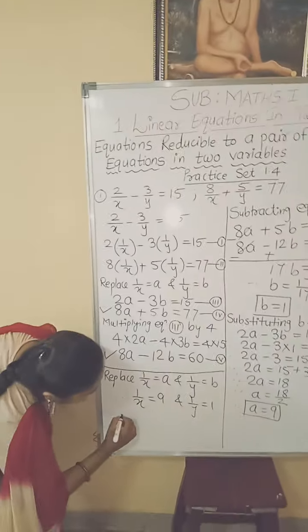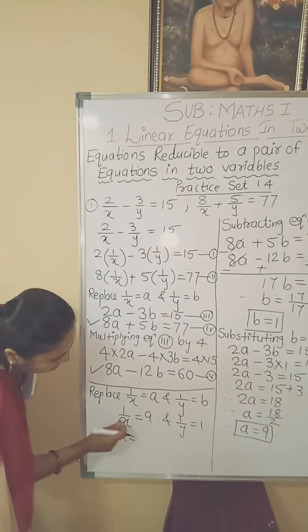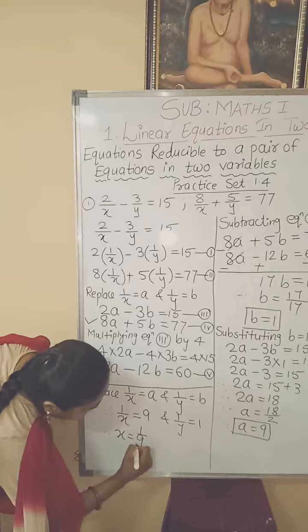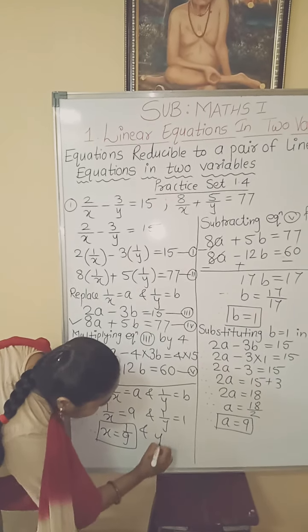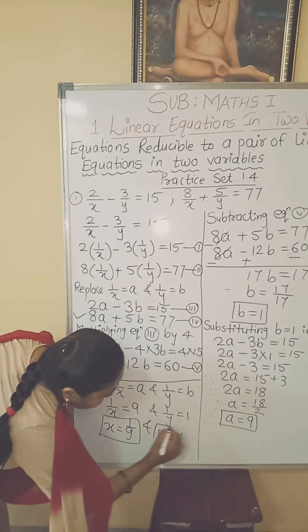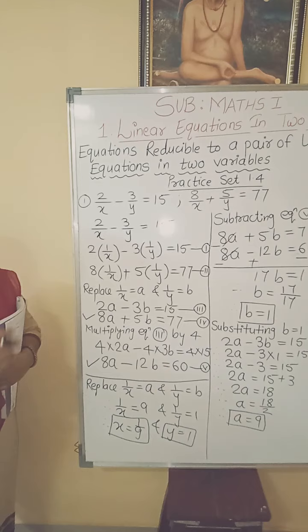If you solve this, we will do cross multiplication. So x is equal to 1 upon 9 and y is equal to 1. So this is the solution of our equations.